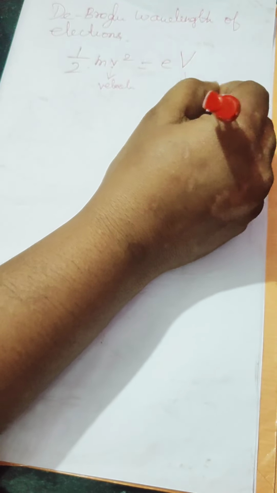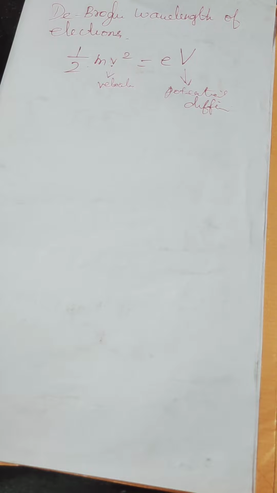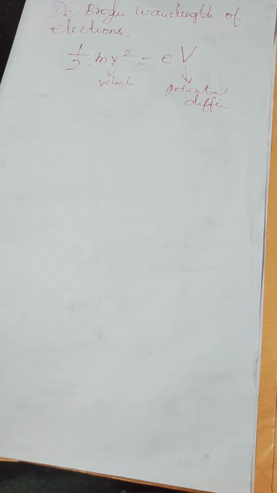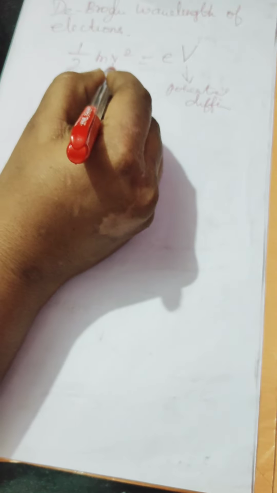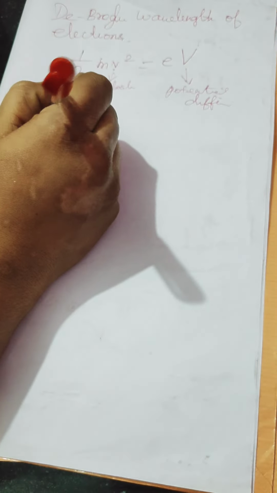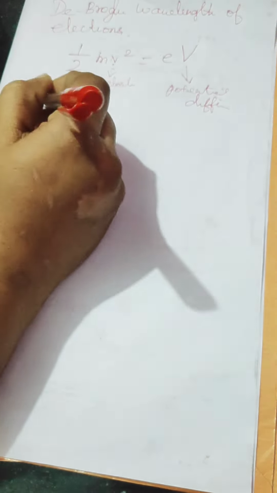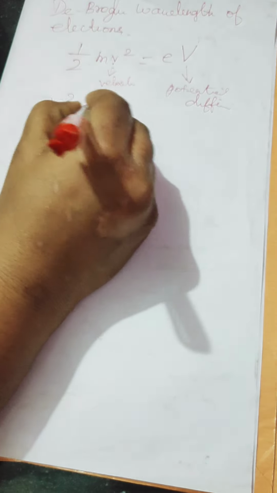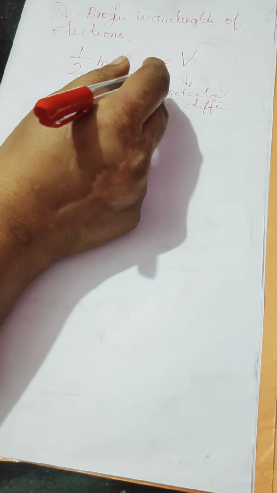Okay, potential difference. So in this, I am going to modify this equation to find out the speed of the electron. Take the speed of the electron, in the sense velocity of the electron. So v square I'll keep, and I'll take this 2 to the right hand side.